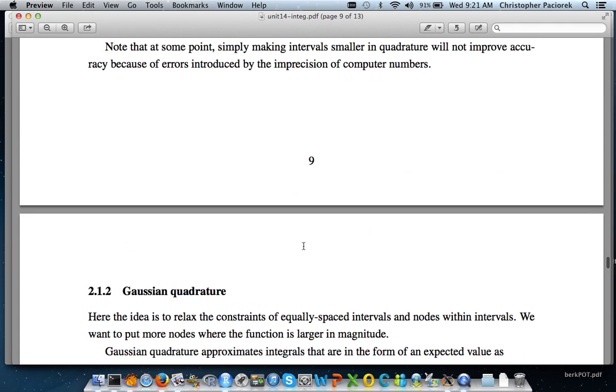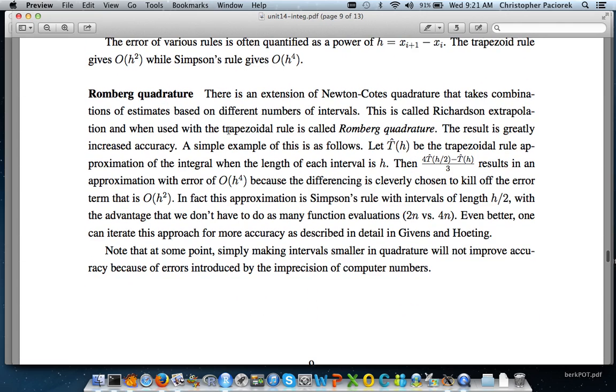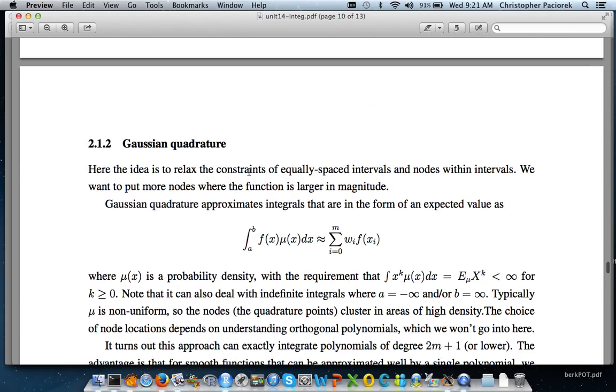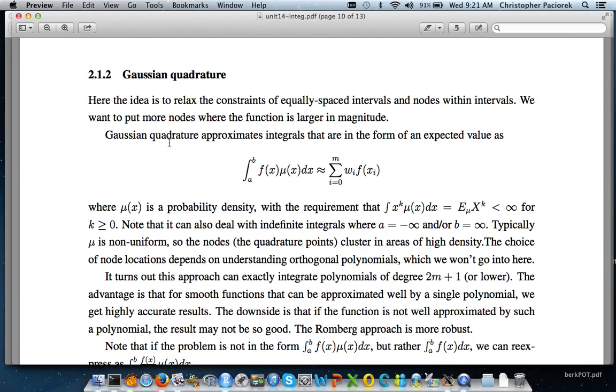Okay, so these methods can be quite effective. It turns out that there's another strategy that's often used, and a version of this is what gets used in R in the integrate function.